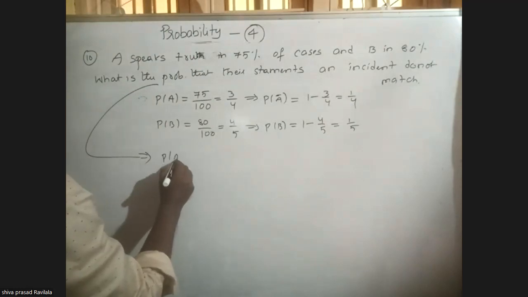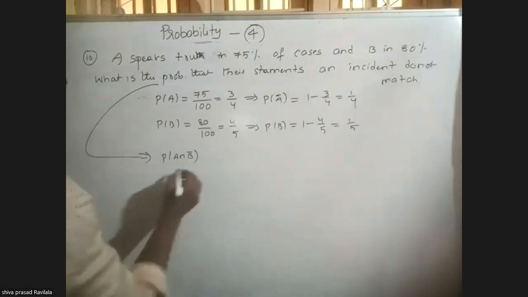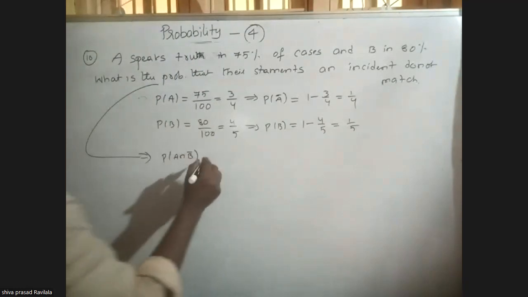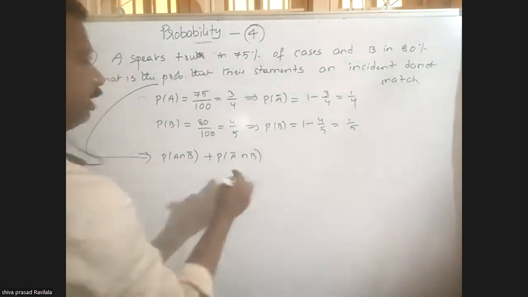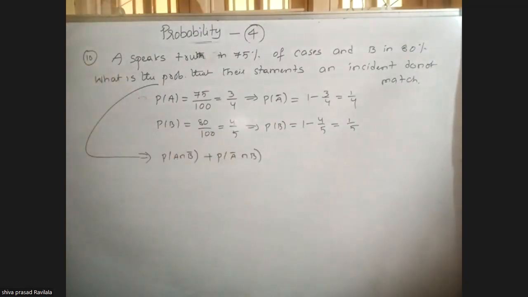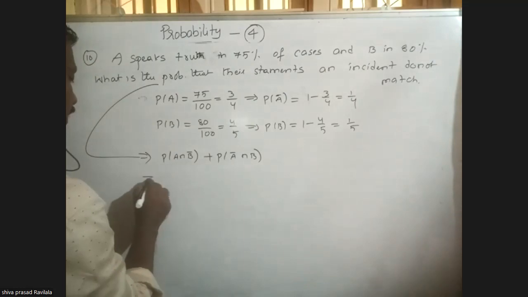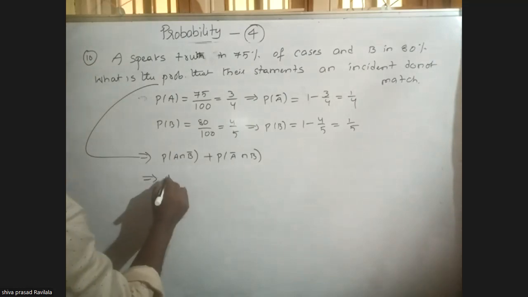Probability of A intersection B complement: A tells truth, B tells lie. A complement intersection B: A tells lie and B tells truth. And these two are independent events. There is no condition.